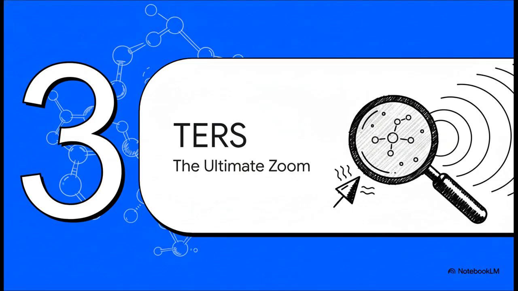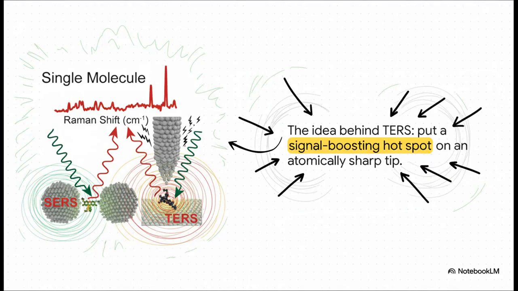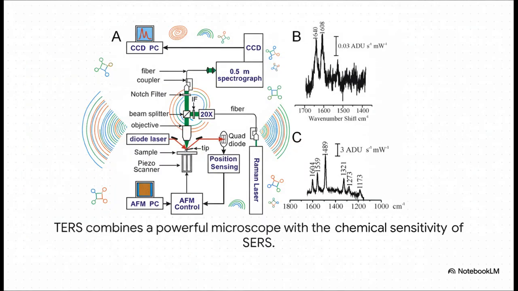You can think of this as the ultimate zoom lens for the molecular world. The idea behind TERS is just so elegant. You take that powerful signal-boosting hotspot, and you gain complete control over it. The question was, what if you could just stick it right on the very end of an atomically sharp needle? And that's exactly what TERS does. This schematic shows you the whole setup.